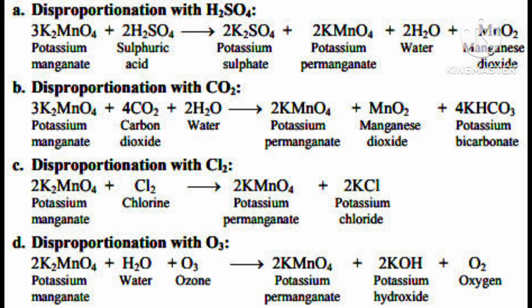Manganese salt means Mn2+ cation, and KMnO4 is required, and for catalysis you are using either ZnO or ZnSO4, any one. The reaction is 2MnO4- plus 3Mn2+, that is the manganese salt, plus 2H2O gives 5MnO2 plus 4H+.